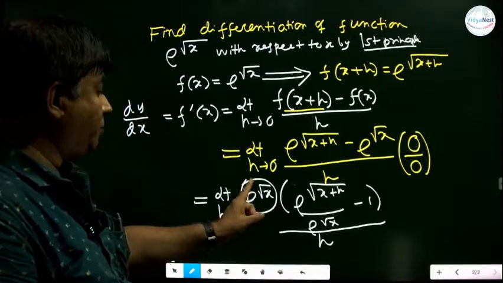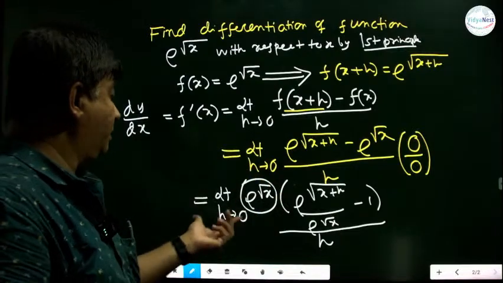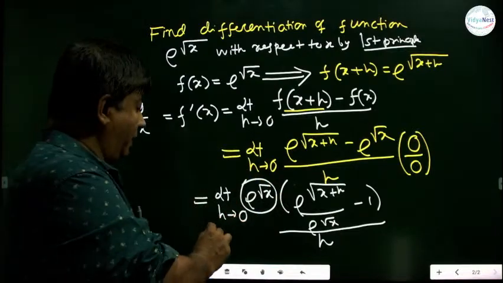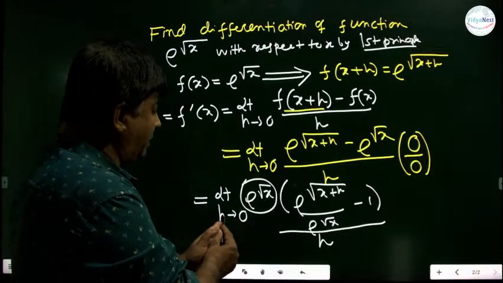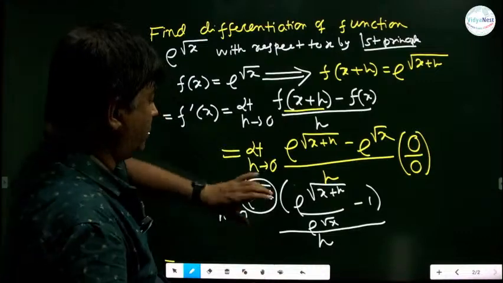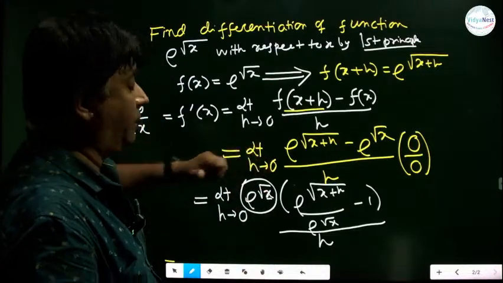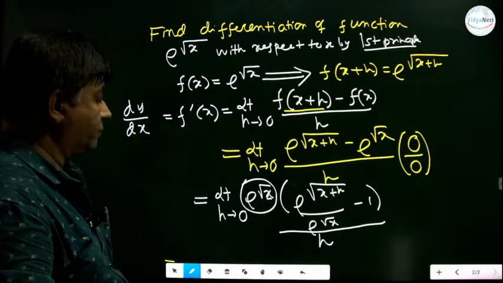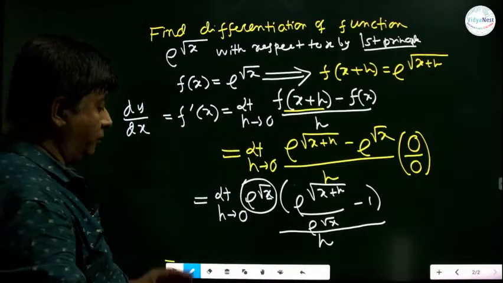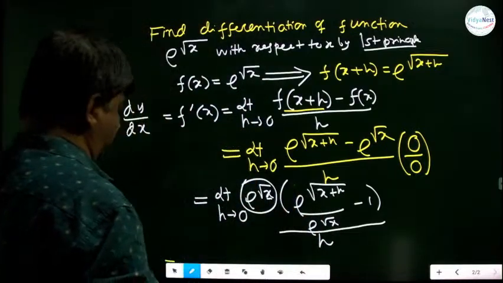What is the role of this part which I have taken common? See here what is given: h tends to 0. H tends to 0 means it has no relation to x. So e to the power root x will be considered as constant. Yes or no? So you take this thing out.